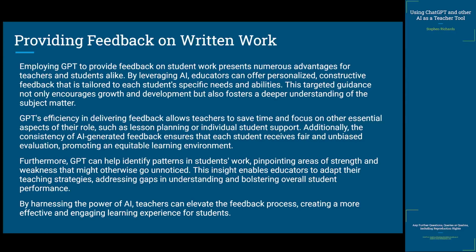I know for myself, I am not good at writing the feedback without it coming off as overly critical, or either that or the complete opposite where I'm basically just providing positives and not actually providing anything for them to work on. So I've used ChatGPT as a bit of a middle ground. So what you can do is basically put in the criteria, put in the assessment, and it will have a look at it for you and give you some feedback.